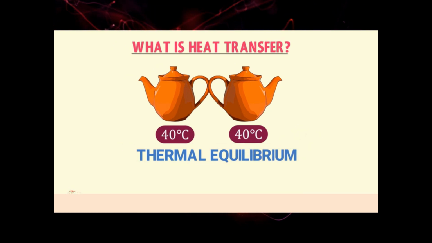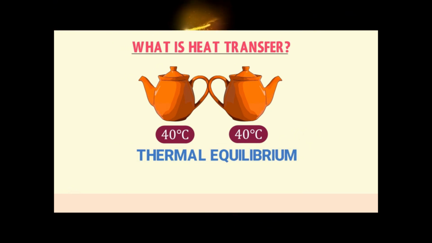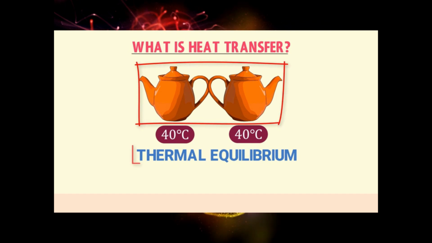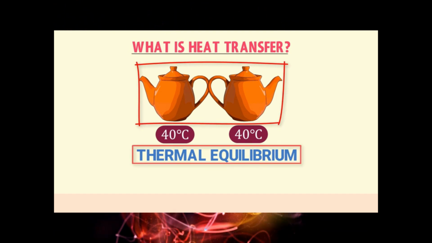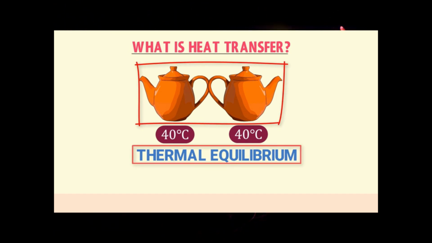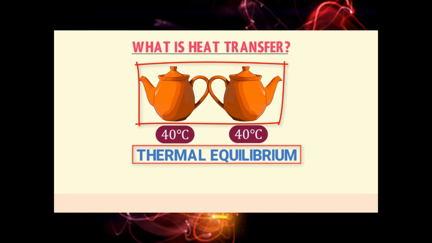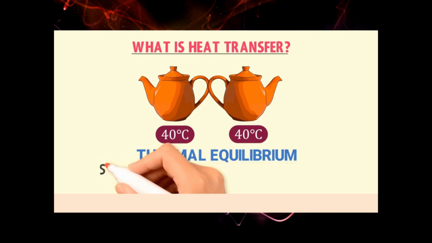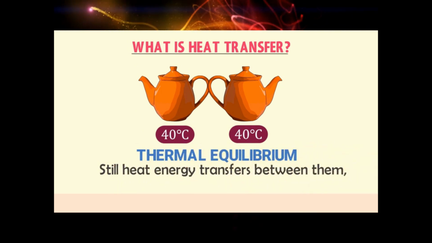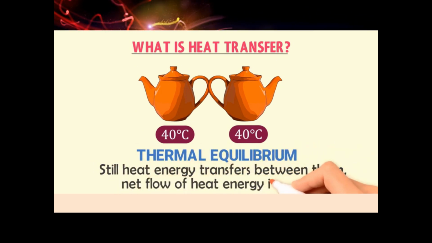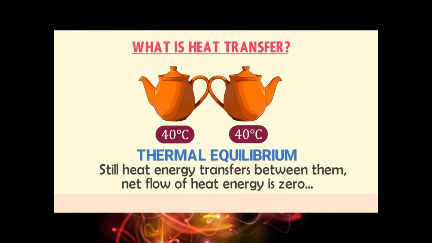Remember this important point: if two objects are in thermal equilibrium, it doesn't mean that heat energy doesn't transfer between them. Rather, if two objects are in thermal equilibrium, the thermal energy still transfers between them, but the net flow of heat energy is zero.